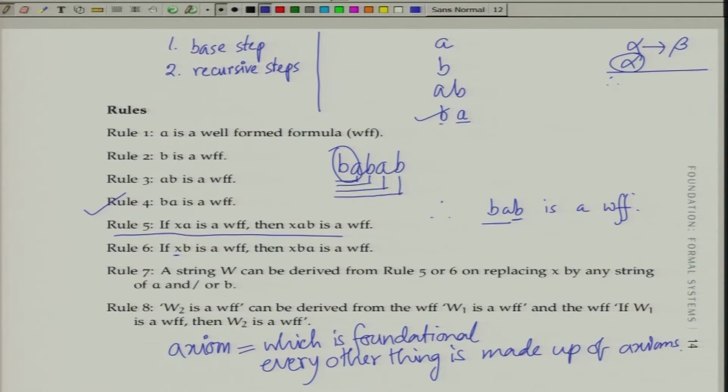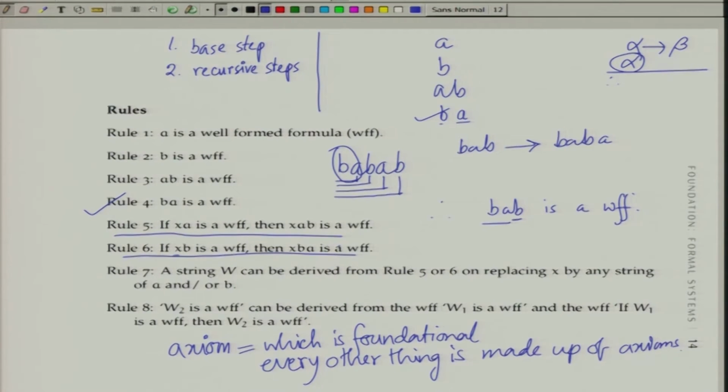So what do I do? I just write, if BAB is a WFF then BABA is a WFF.